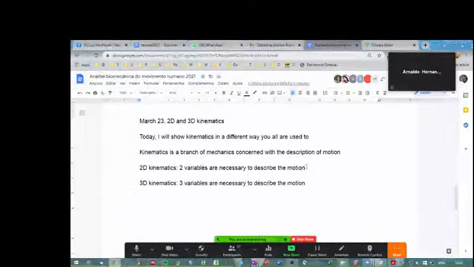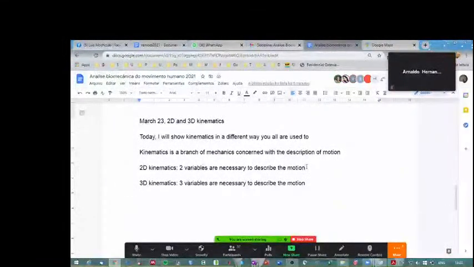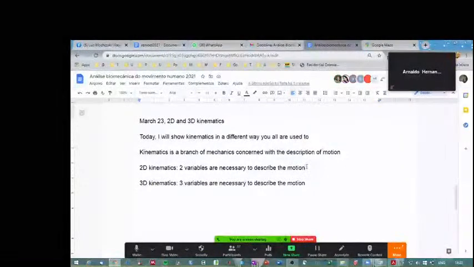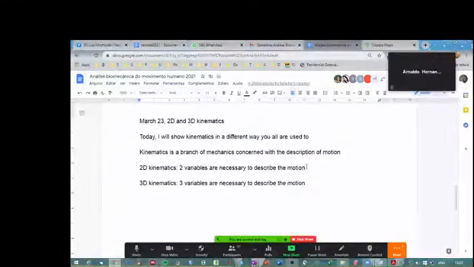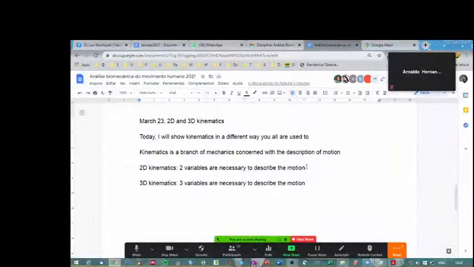Because when you consider time within your variables, you have a set of positions, then you have a trajectory. Or when you have velocity or acceleration, then you are considering time.